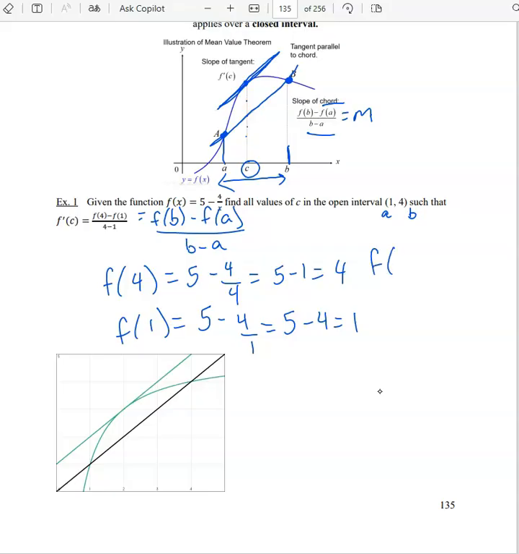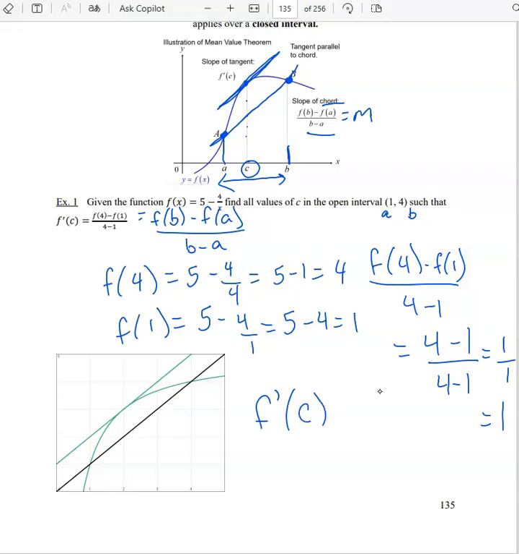So f of 4 minus f of 1 all over 4 minus 1 is going to be equal to 4 minus 1 over 4 minus 1, which just equals 1 over 1, or just 1. So what the theorem says is somewhere in between A and B, there is going to be a location where the derivative should equal that average rate of change we just calculated, which is 1.